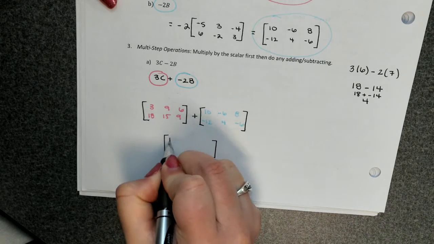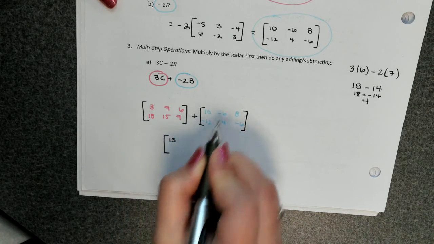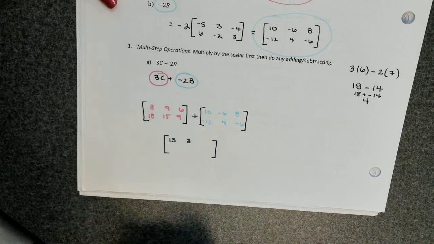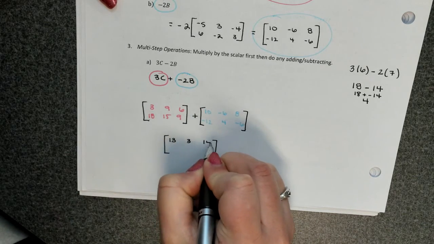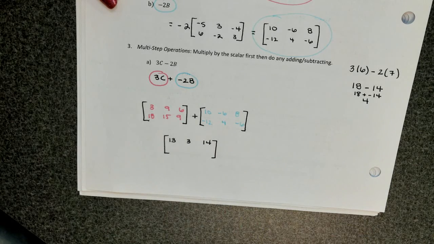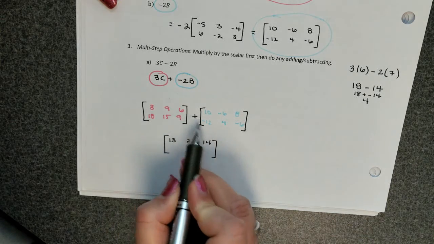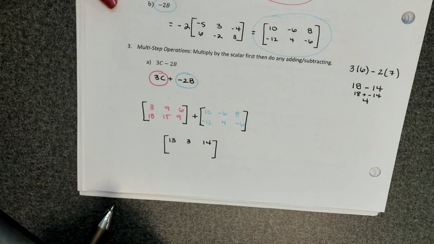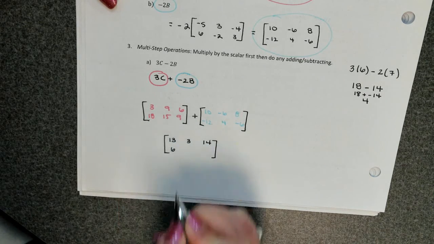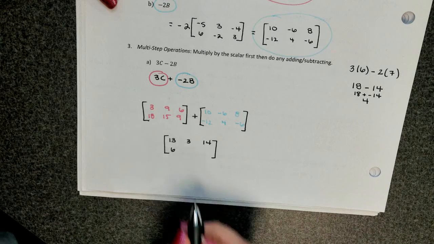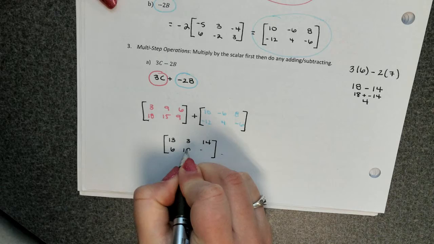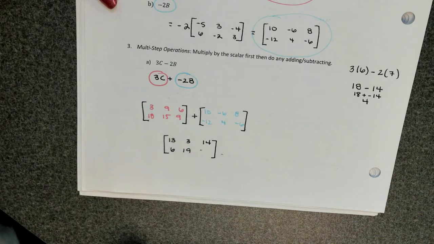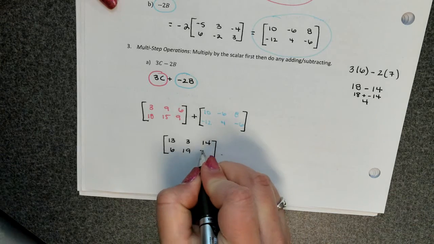3 plus 10 is 13. 9 plus negative 6 is 3. 6 plus 8 is 14. 18 plus negative 12, 6. 15 plus 4, 19. 9 plus negative 6 is 3.